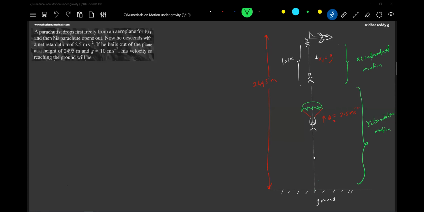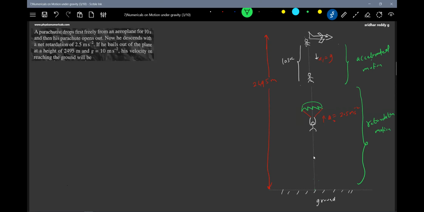So with what speed? Let me continue, there was some connectivity problem. The person will come and strike the ground along with the parachute with a velocity. That velocity is what we have to find out.